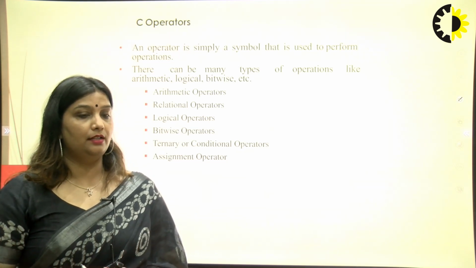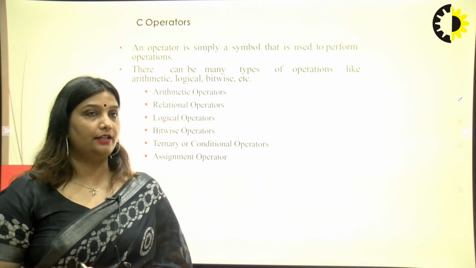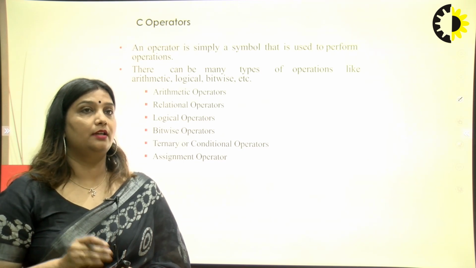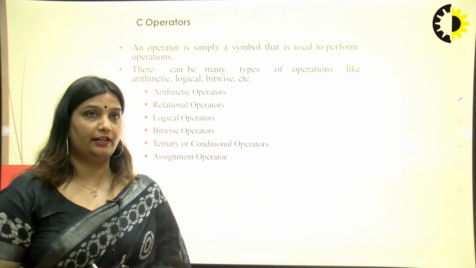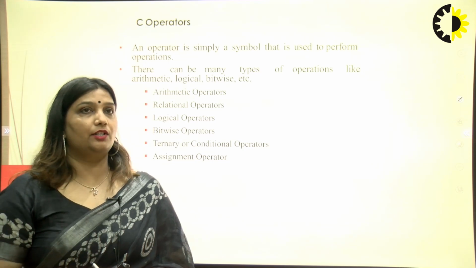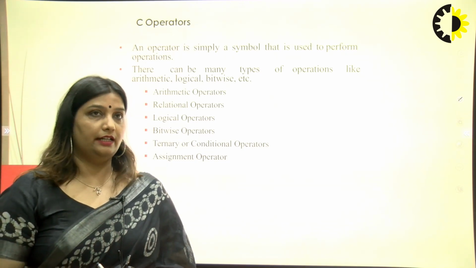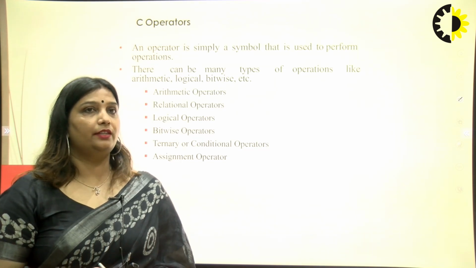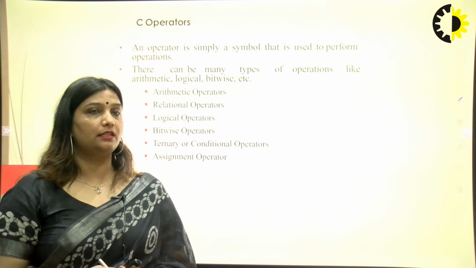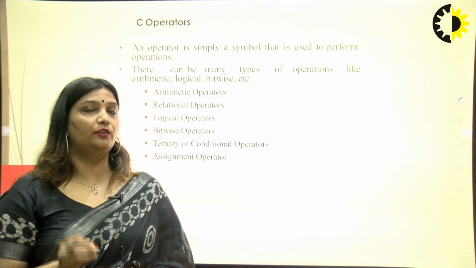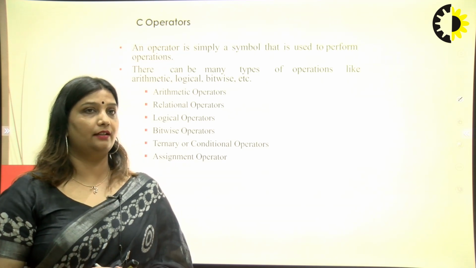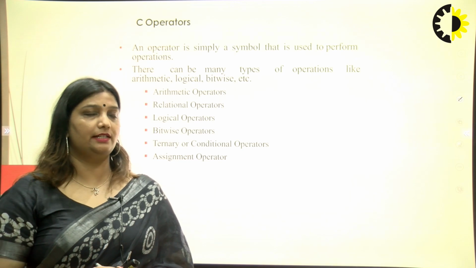For example, in mathematics, we use plus for addition and minus for subtraction. In the C programming language, operators can be considered in the same way. There can be many types of operators designed to perform various operations like arithmetic, logical, bitwise, etc.